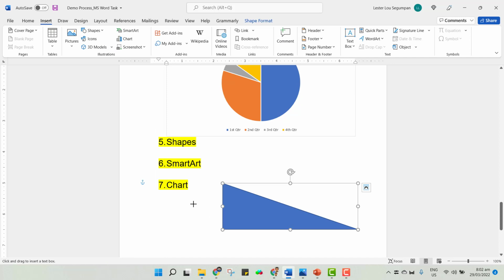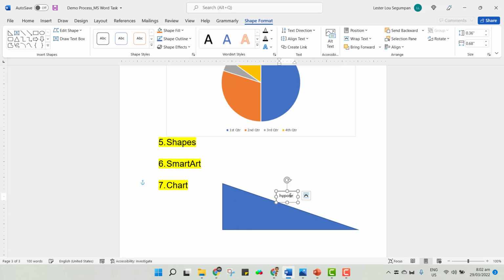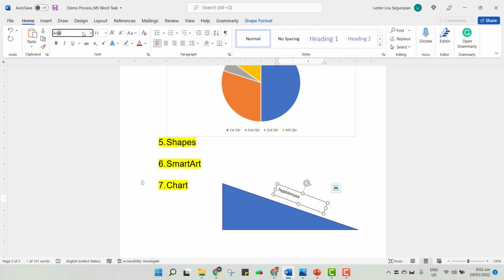You could say that this is the hypotenuse, it's up to you. Then you can change the font style if you would like to. So this is how you're going to make your problem solving activities.